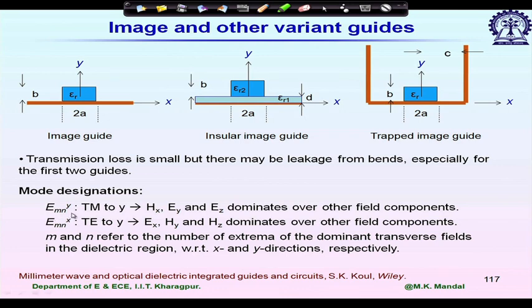So in the first case, sometimes it is called E^y_MN, where MN represents the number of extrema along X and Y. So it is also called TM to Y. Y, you see, is the perpendicular direction, with the wave propagating in Z direction.